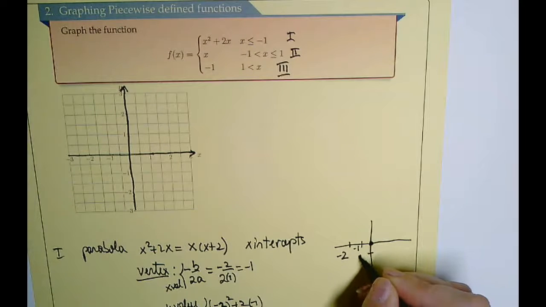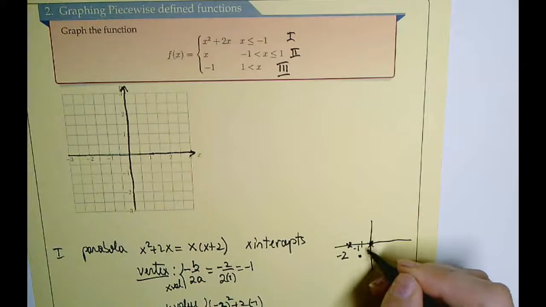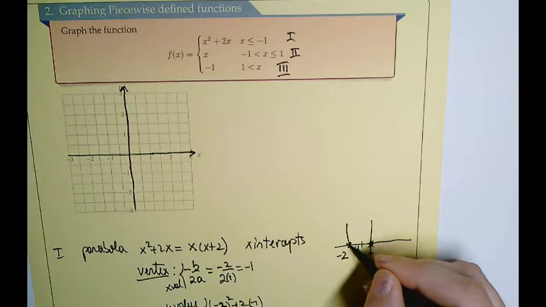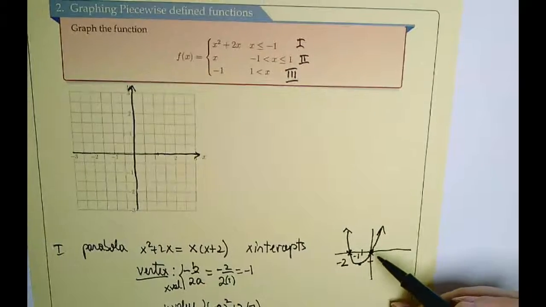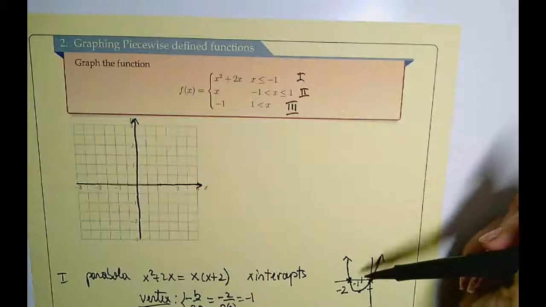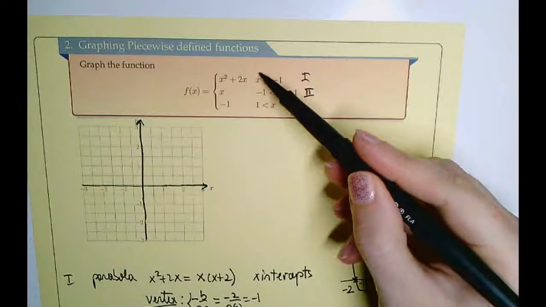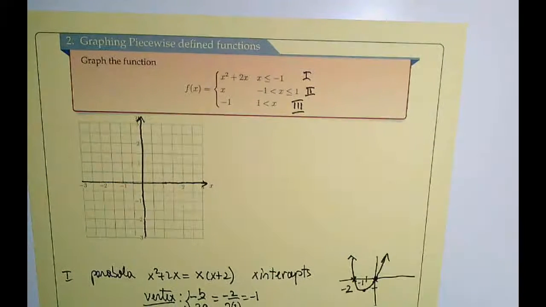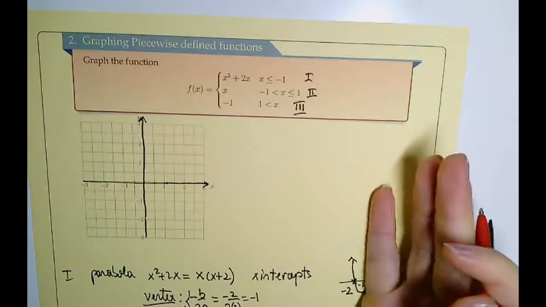Basically, this parabola crosses the axis at -2 and at 0, it has the vertex here, and it opens up. So it's going to be like this. But my piecewise defined function only includes part of this parabola. I'm only interested in the part of the parabola between -infinity and -1, this part of the parabola.